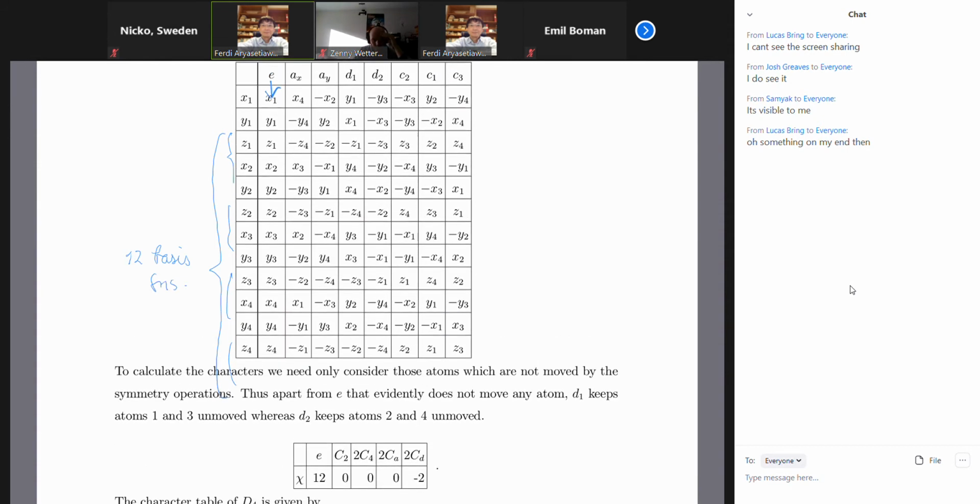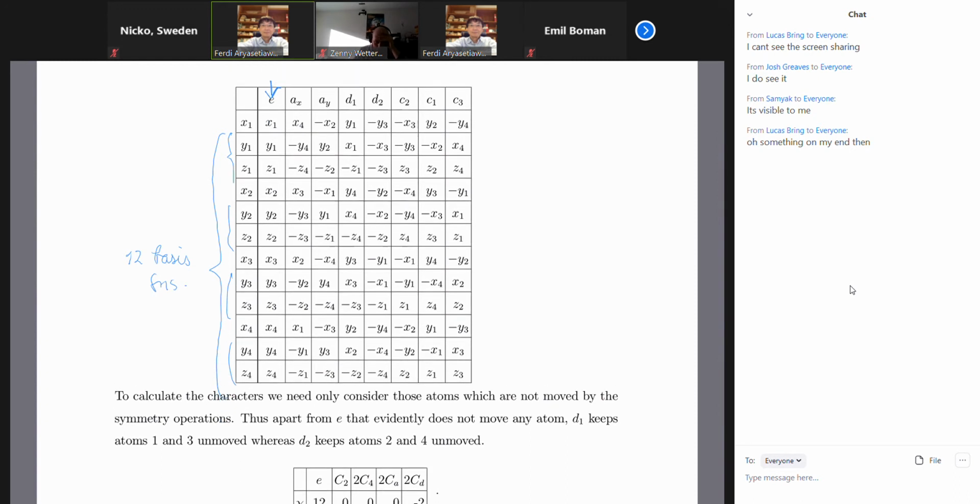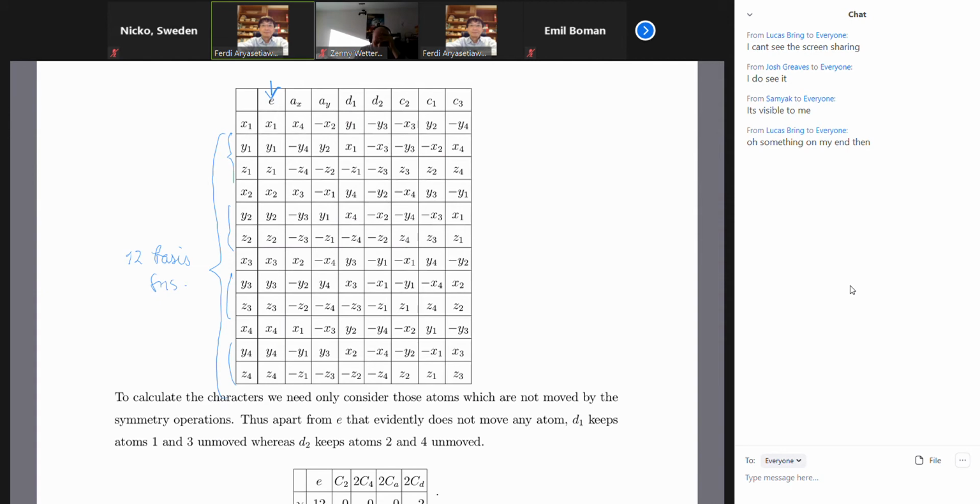If you look at the second column, we see that none of the functions go back to themselves. They are all different. So x1 goes to x4, y1 to y4.